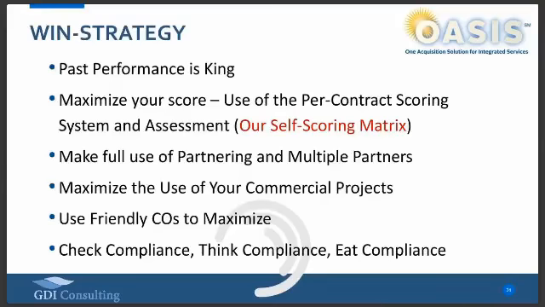And then maximizing the use of your commercial projects. You might not have those 5 projects. Our self-scoring matrix does cover commercial projects too, because sometimes you would think that always using a federal contract would be better, but it's not the case. Let me give you an example.